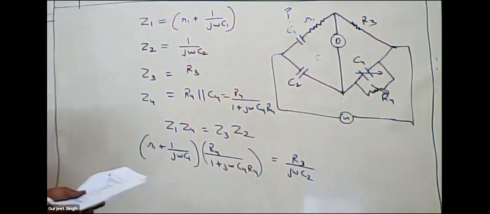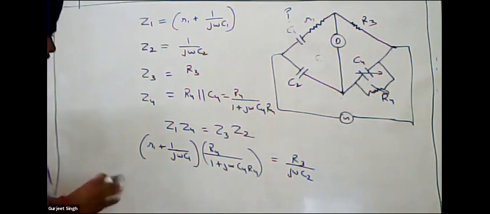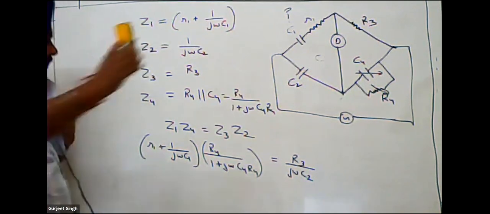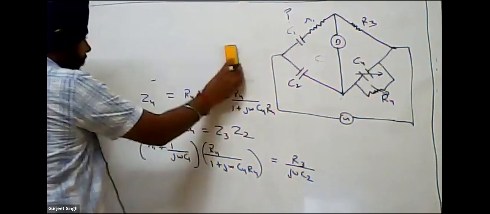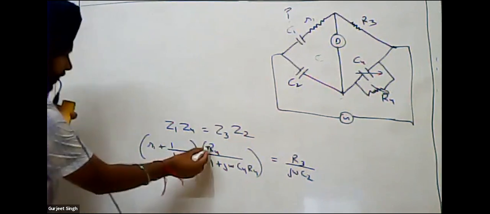Now we will solve this equation. We will do the multiplication and then separate the real and imaginary parts. How to solve this equation? Suppose this is the R4.